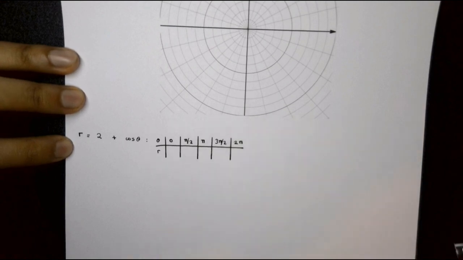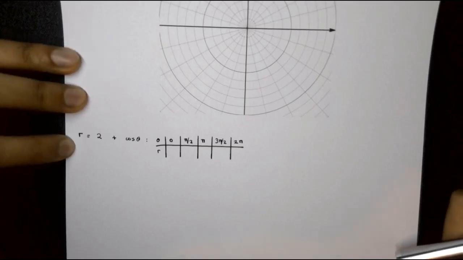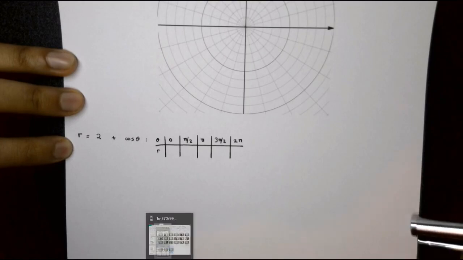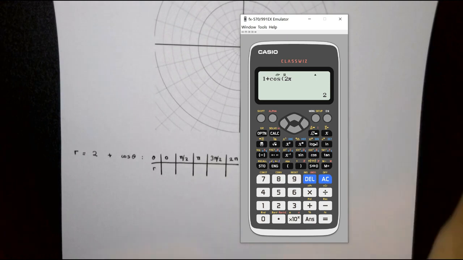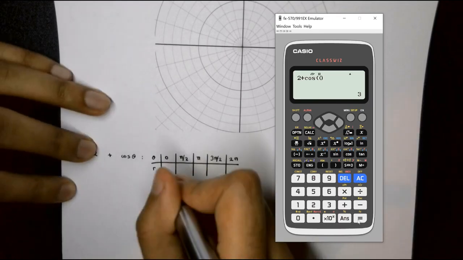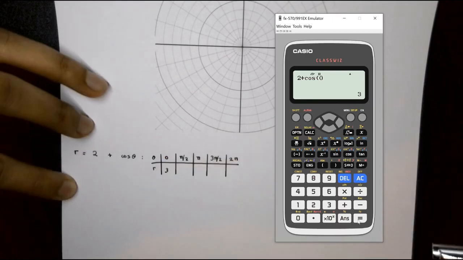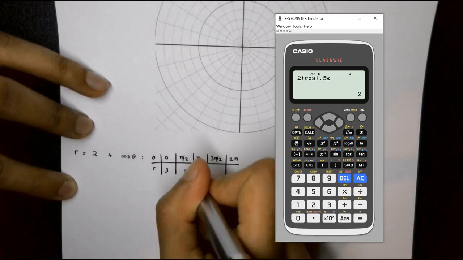Now all we need to do is simply substitute the various different values into here and see what we get for r. So if we grab our calculator, you can see here we have 2 plus cos of 0, that's equal to 3. 2 plus cos of 0.5 pi, that's equal to 2.